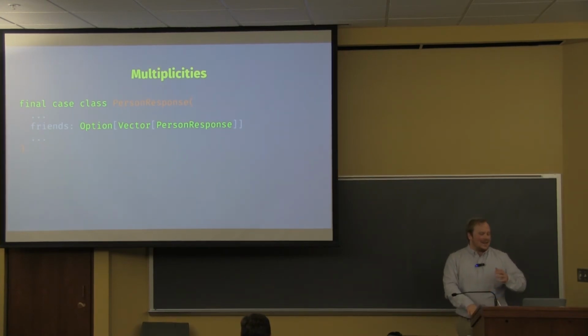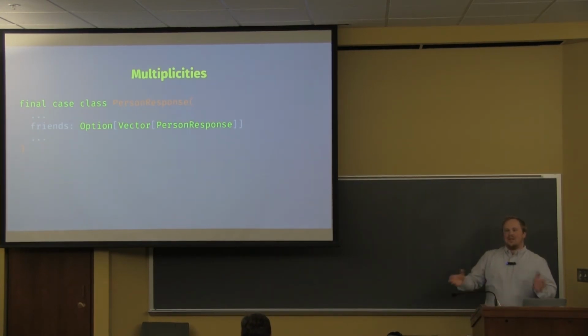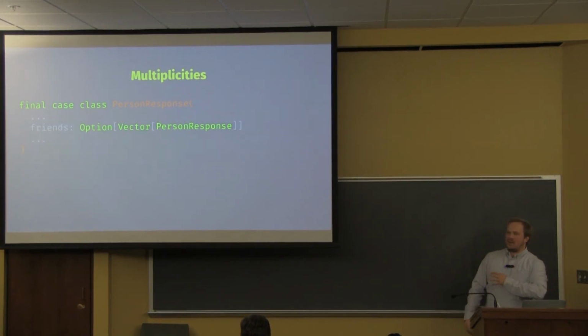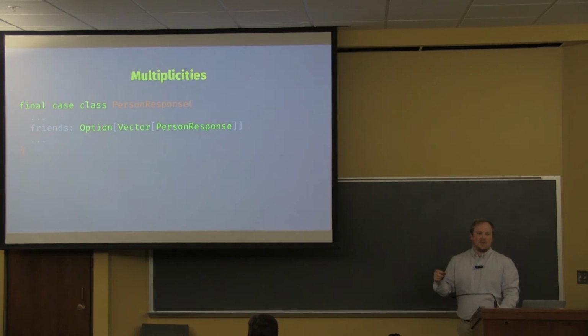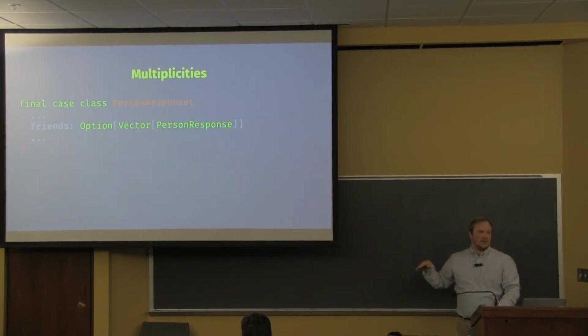If I want to talk about someone having many friends, then I need to actually start specifying that there are many possible responses at the type level, because I'm only going to pass in one request for what I want about their friends. I want the names of all of their friends. So I'll give a person request to the friends field that only asks for the person's name, and then I'll get back a list of all the names.